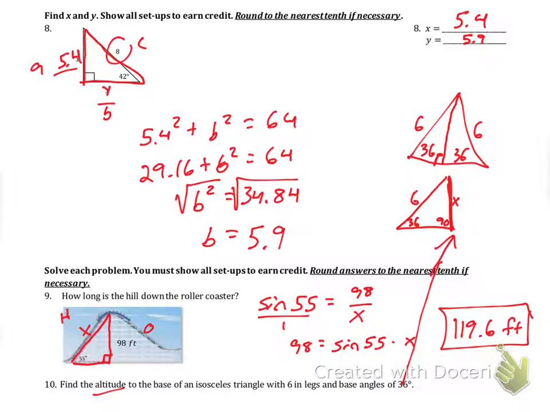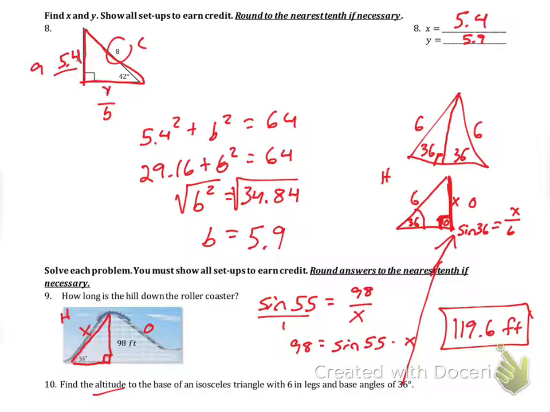So don't worry about the 90. Just know that makes this the hypotenuse. And then if I start right here, this would be opposite. So I'm given the x and the 6, so I'm given the opposite and the hypotenuse. So that would mean sine, right? So I would do sine 36 is equal to x over 6.